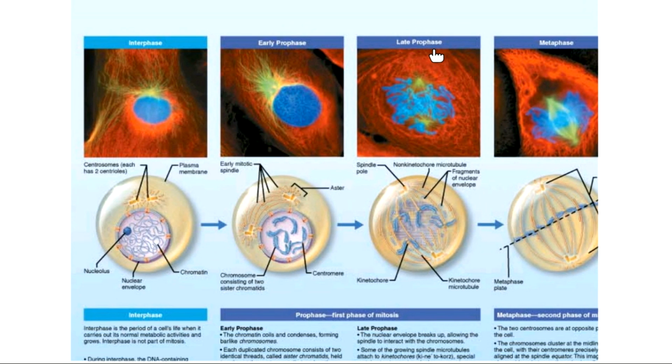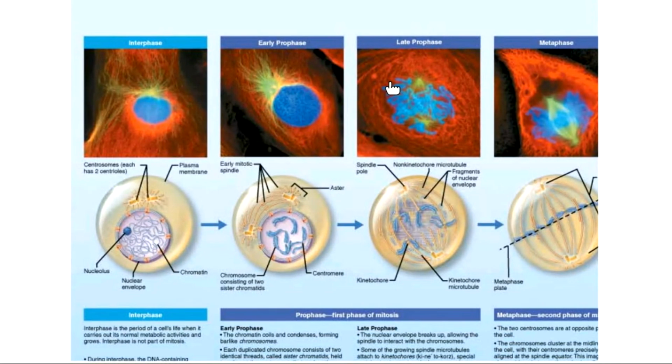By the end of prophase, all of that genetic information has formed into chromosomes. Each of these little blue things that you see here is a chromosome. But at the end of prophase, here's a note we should make for ourselves: there's no longer a nuclear envelope. We no longer have that membrane on the outside of the nucleus.